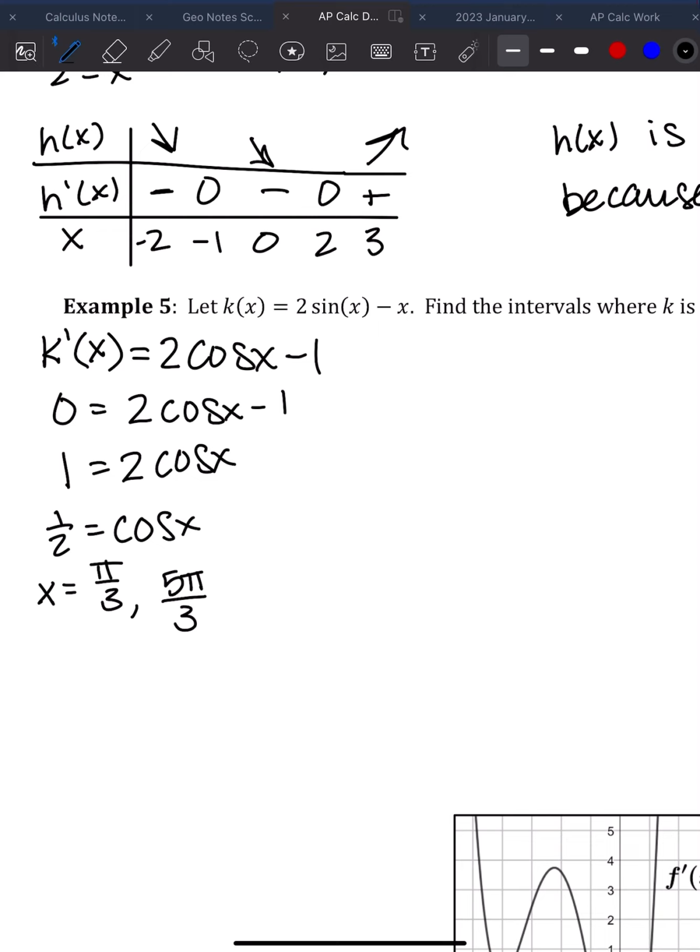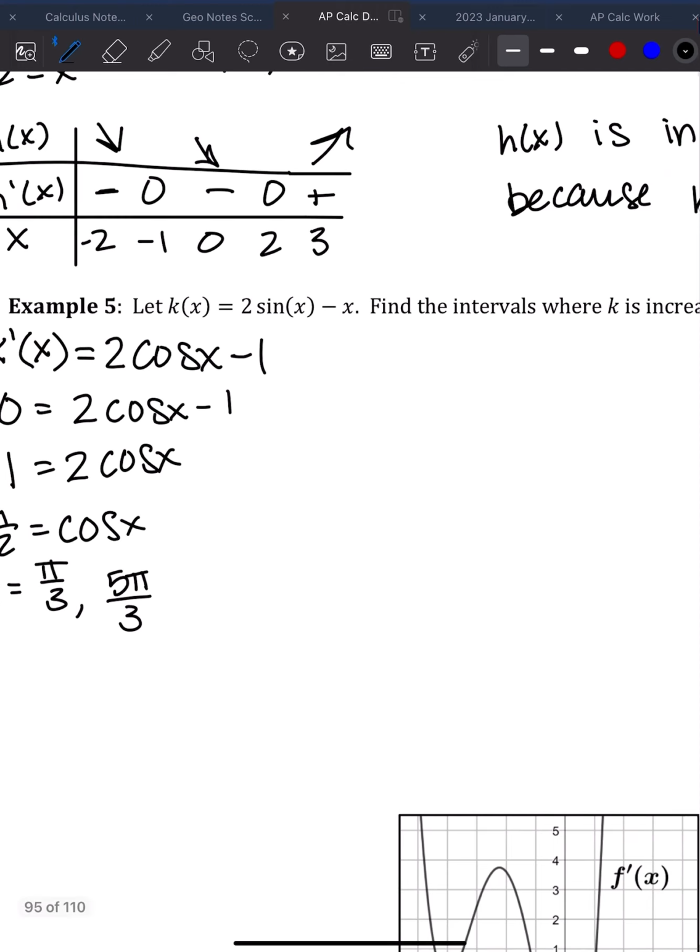Cosine in itself is not undefined. It's a continuous function, so we don't have to worry about undefined. But we do need to look at these two places. So we have k of x, specifically k prime, and we have x. This is where we need to think more about what's happening with our function than anything else.